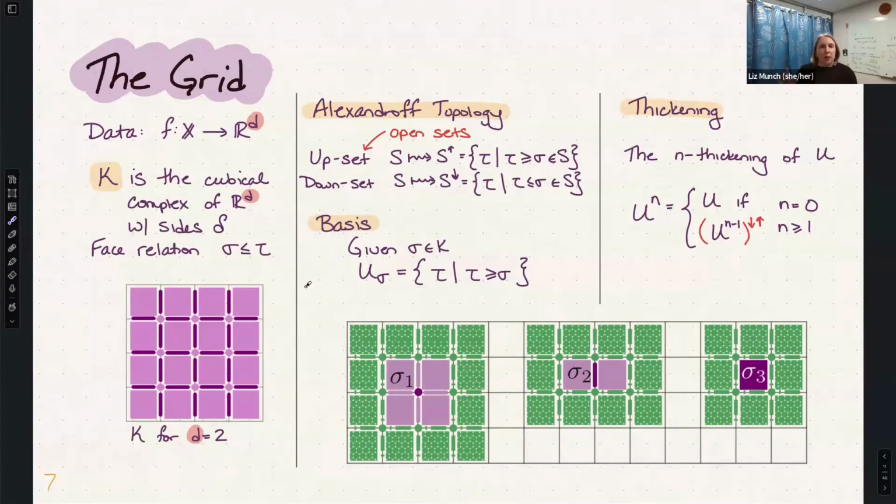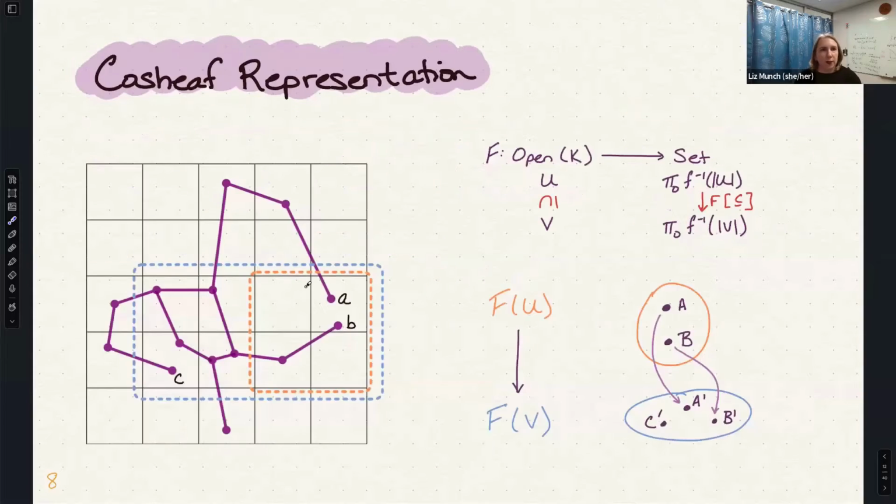So now I've got a grid on R^d, I've got a topology on that grid, and I've got a way of thickening open sets in that grid. I'm going to use that to build my cosheaf structure. On the previous slide I built what K was, open of K, my Alexandrov topology opens in this set.